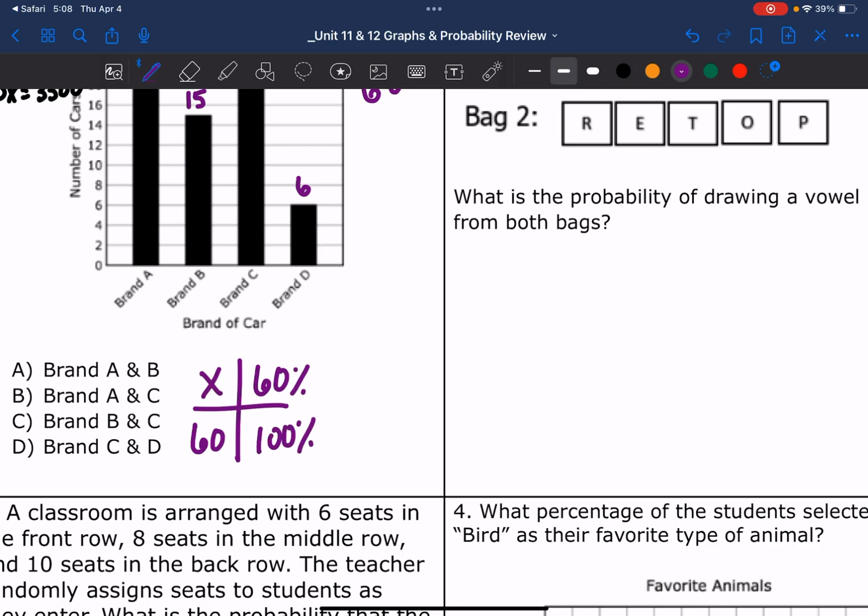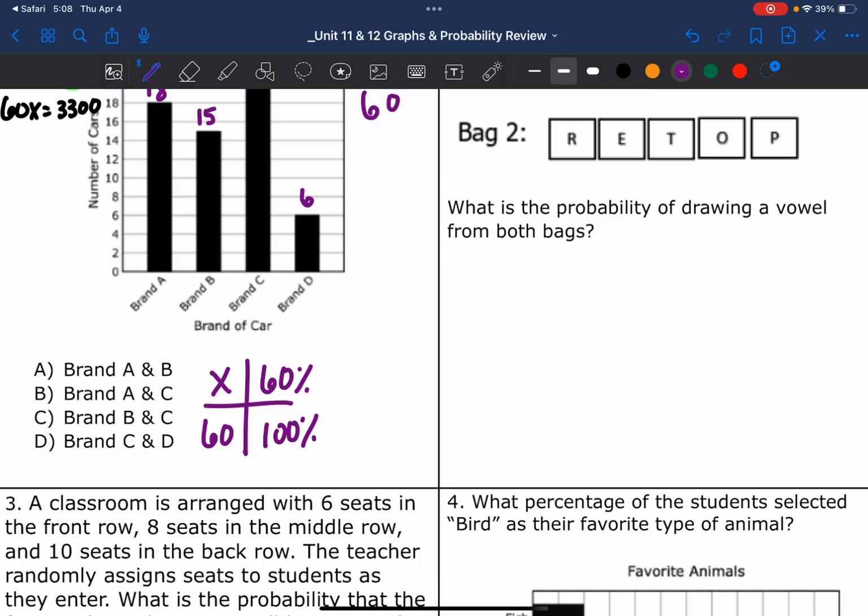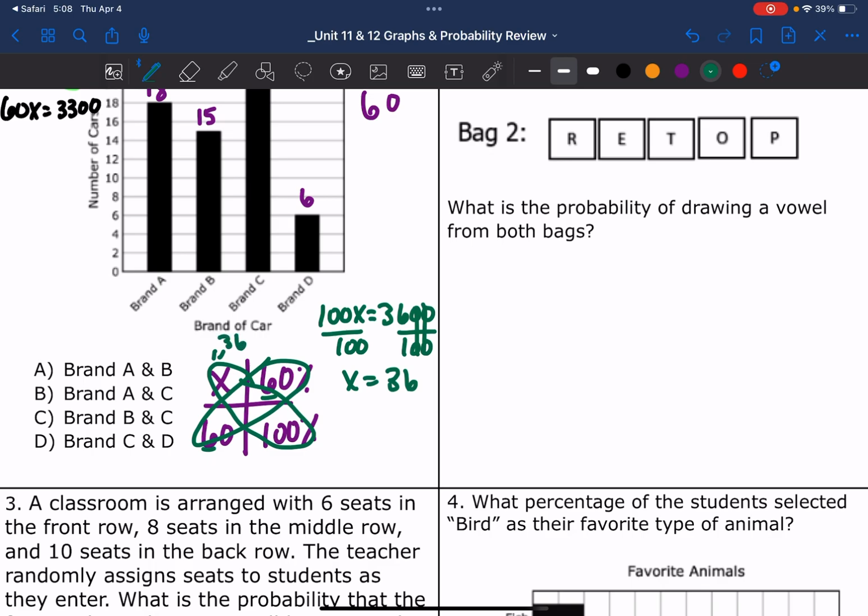So what we need to find out is the part that is the 60%, okay? So here, we're going to do 100 times X, which is 100X, equals 60 times 60. I know that 6 times 6 is 36. Add the two zeros and then divide by 100. So here what I get is 36. So that means that this is 36.